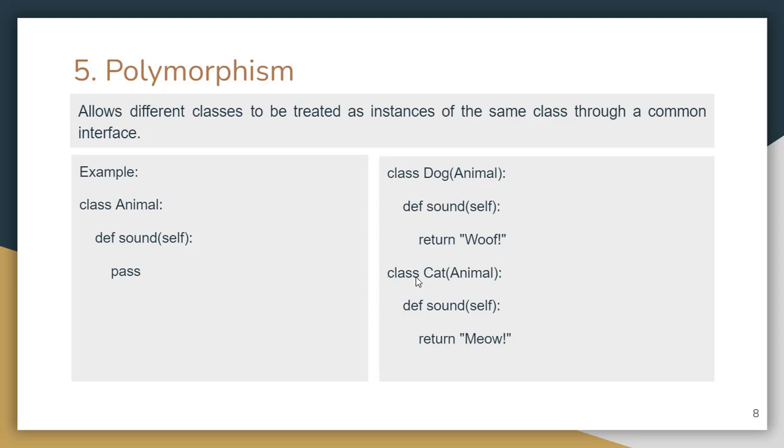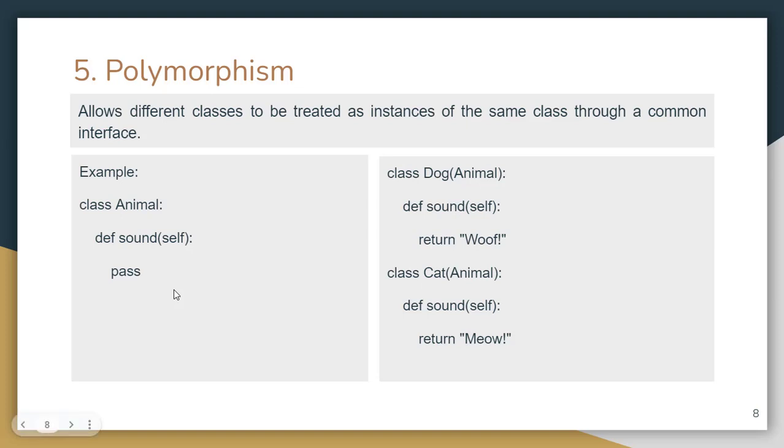Inside class Cat, under the brackets, Animal, that means Cat inherits Animal. Here I write def sound(self): return "mew". So the sound of dog is "out", and the sound of cat is "mew".